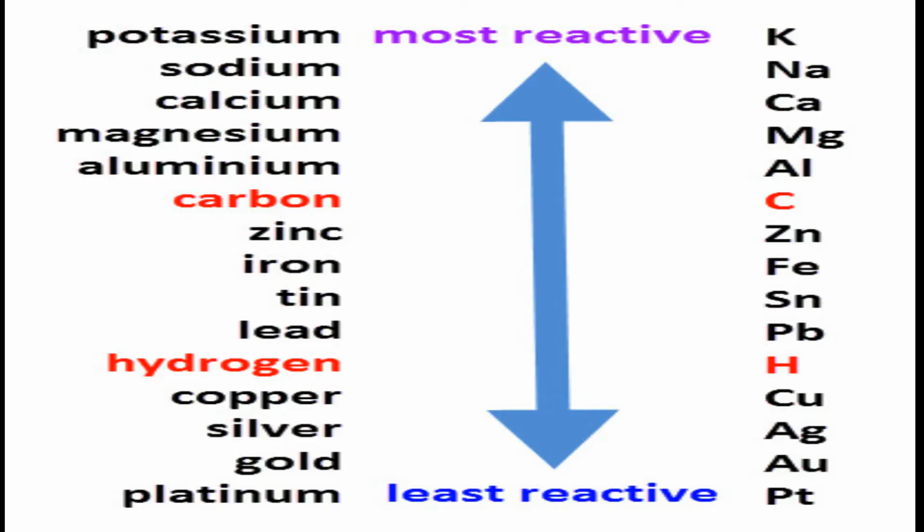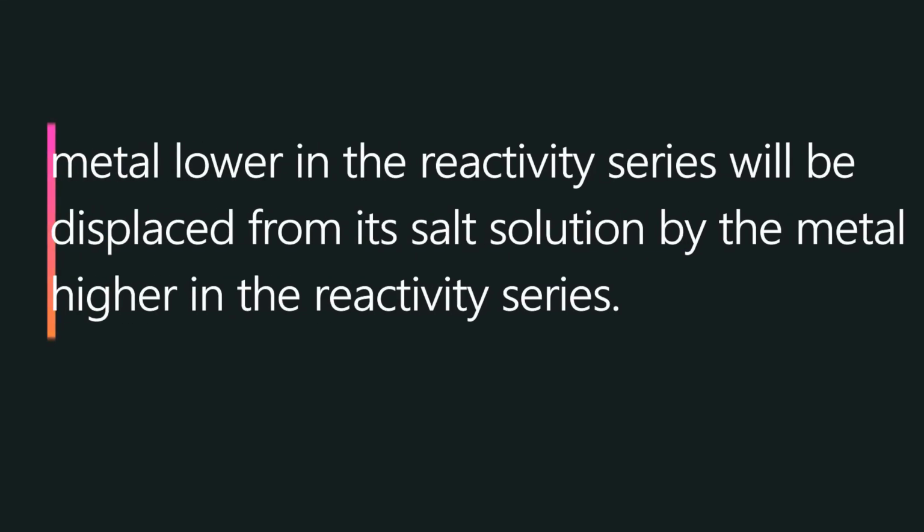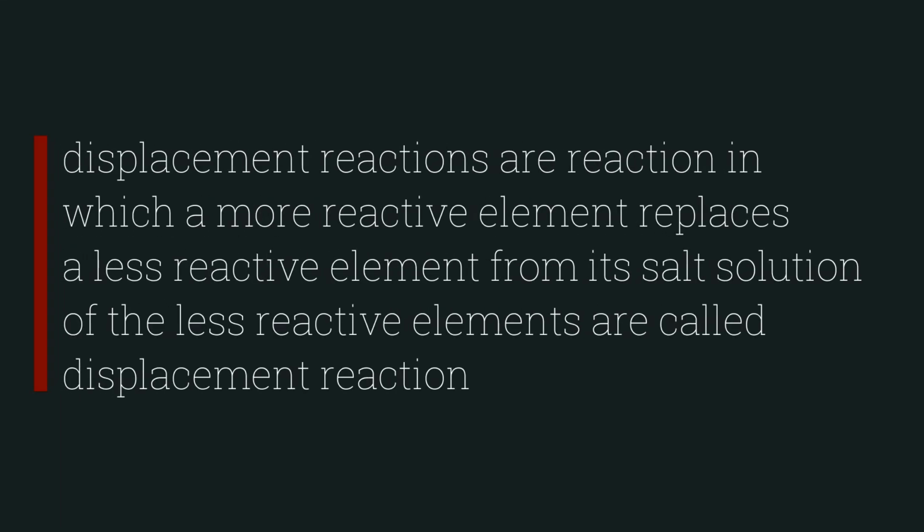In these displacement reactions, the general rule is that a metal lower in the reactivity series will be displaced from its salt solution by a metal higher in the reactivity series. Therefore, a displacement reaction is a reaction in which a more reactive element replaces a less reactive element from its salt solution.